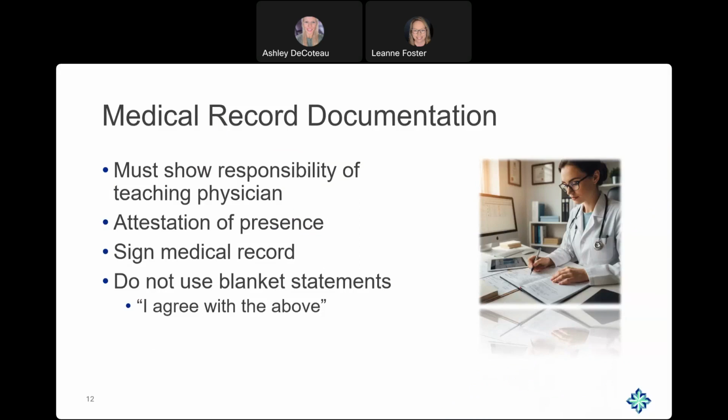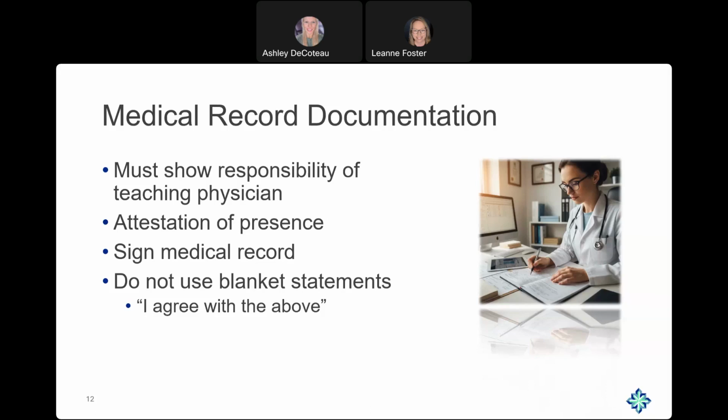The teaching physician's presence may be documented by other members of the medical team, such as the resident or nursing staff, but must be signed and dated by the teaching physician. The attestation should be done at the time of documenting the service, but if for some reason it's done later, you must show why it was added late.